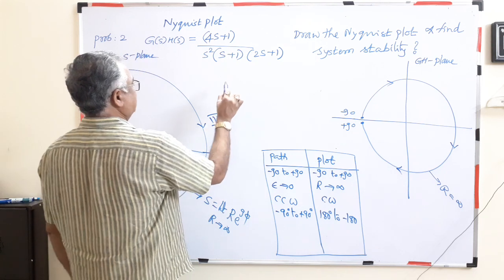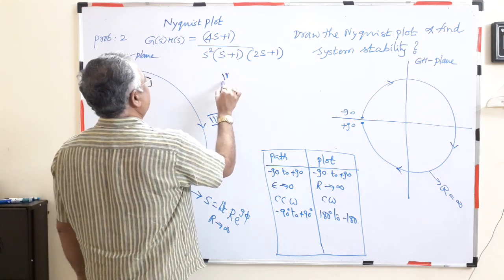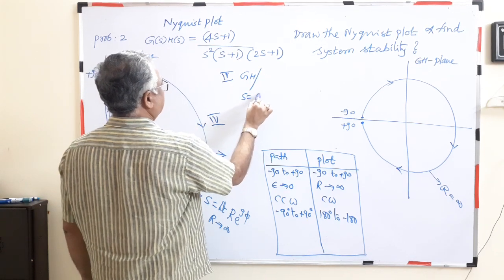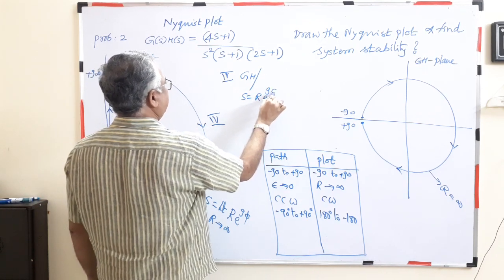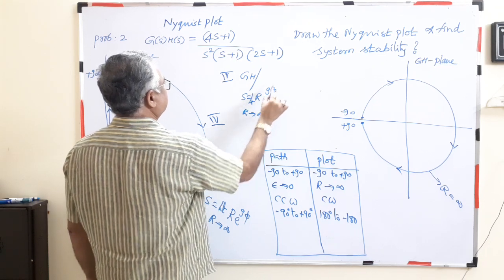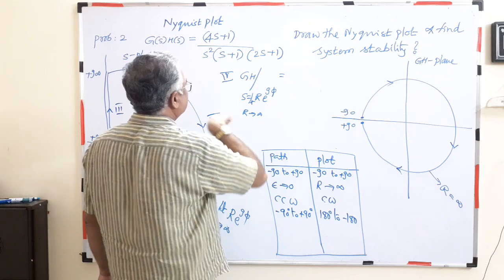Next, the fourth section. Fourth section: GH at S equal to R e power j phi, and limit R tends to infinite. So that we have to simplify.